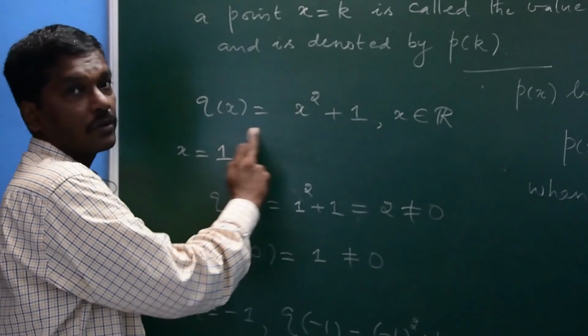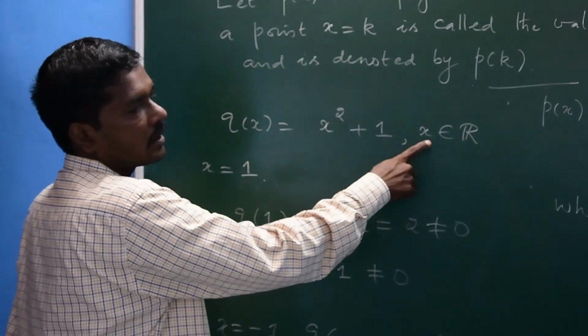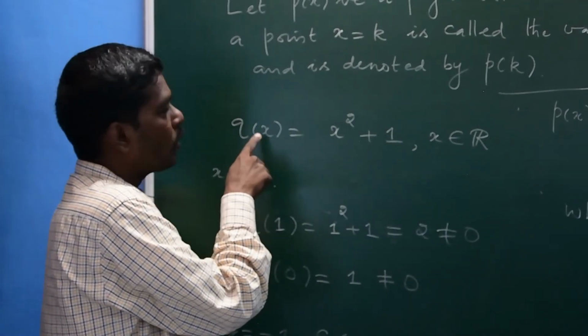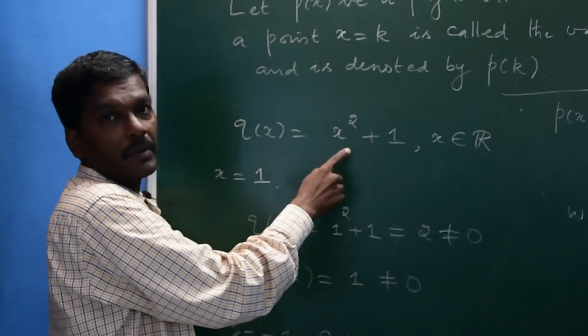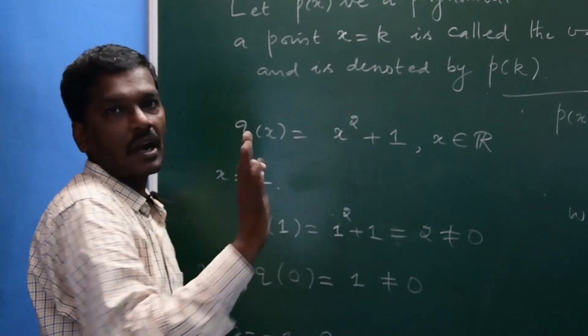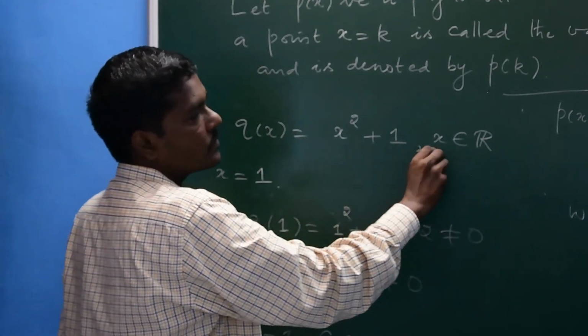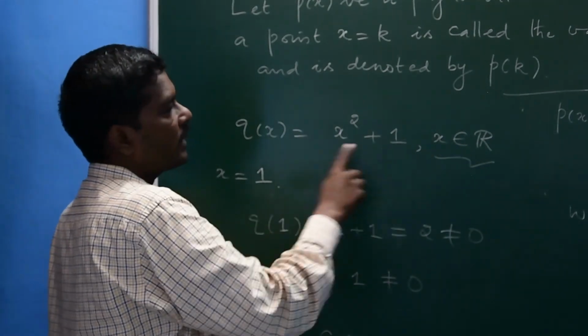So this polynomial has no zeros at all. At no real number does this polynomial become 0. So this is an example of a polynomial which does not have zeros.